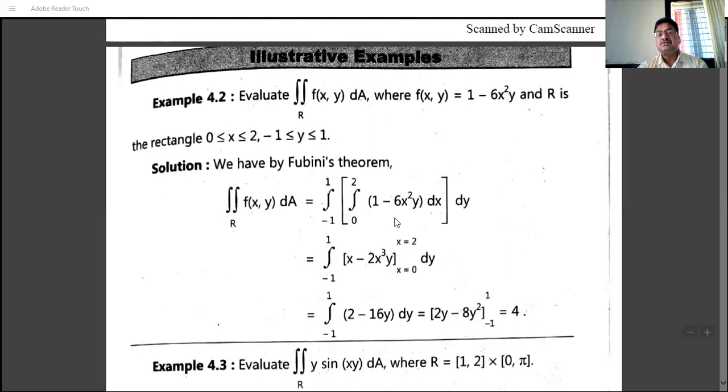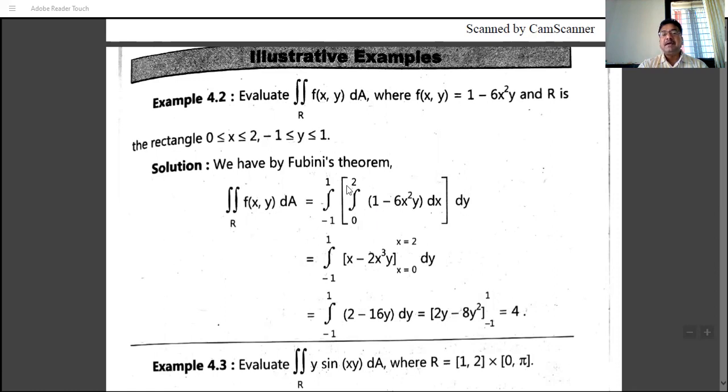Instead, we can also integrate with respect to y first, and then with respect to x, because the limits are constants. If we integrate with respect to y first, write the integral with x from 0 to 2 outside, and in the bracket the integral with y from minus 1 to 1 of (1 minus 6x square) dy, then dx.